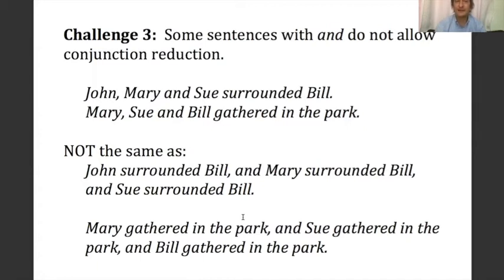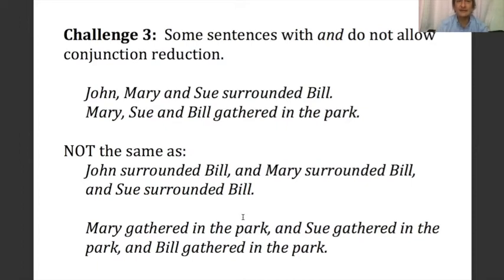The standard way of understanding that sentence is Bill here, John, Mary, Sue, and they form a circle around Bill. Okay, and in the second case, well, Mary gathered in the park, that's not even an acceptable thing to say. The word gather doesn't allow a single person to do it.